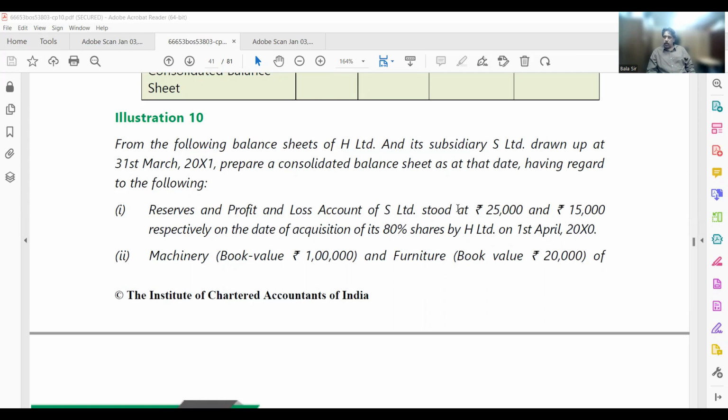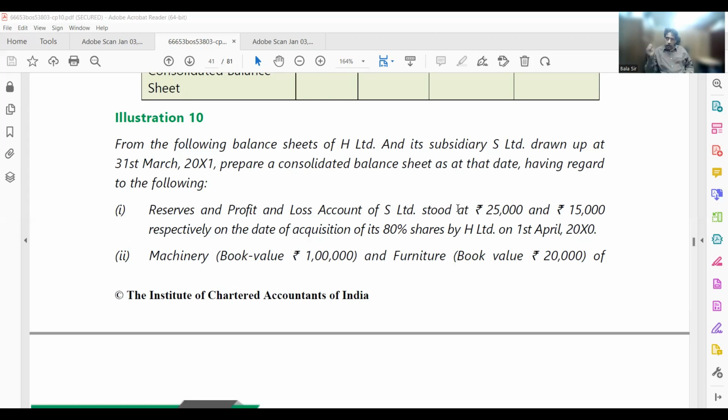You know what is the meaning? I bought shares in your company. Let's assume throughout the chapter, you guys are the minority shareholders of the subsidiary company. So I bought shares in your company on 1st April 20X0. That means at the start of the year. All the 12 months in the current year will fall under the post-acquisition period.